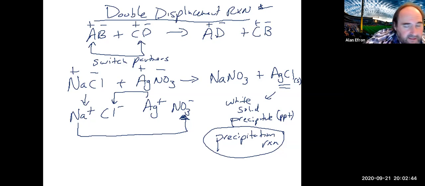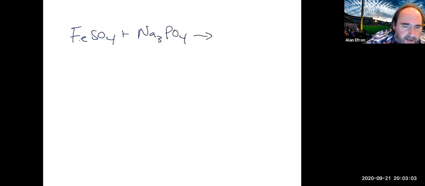Now, if we look at that last one that we balanced just a minute ago, in the balancing part, that also was a double displacement reaction. So if we look at what we started with on that one, which was FeSO4 plus Na3PO4, this is a positive negative guy, positive negative.